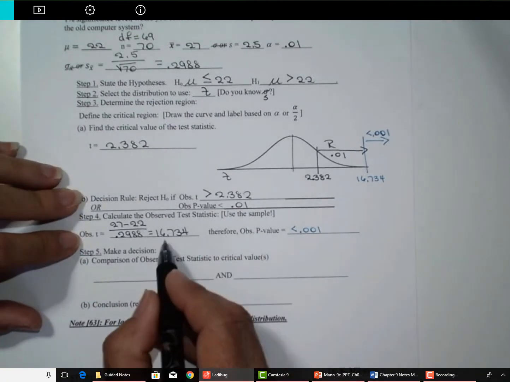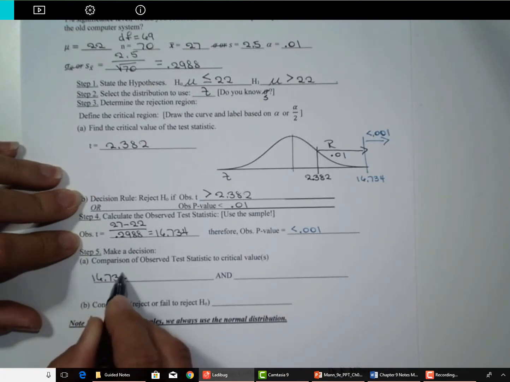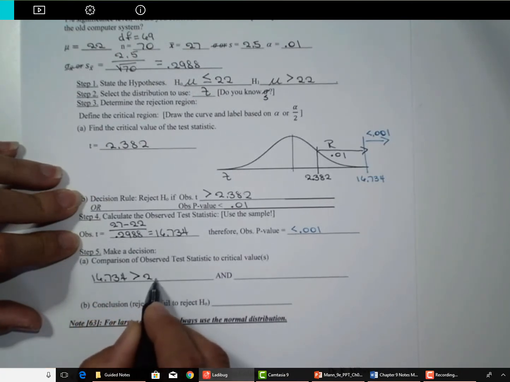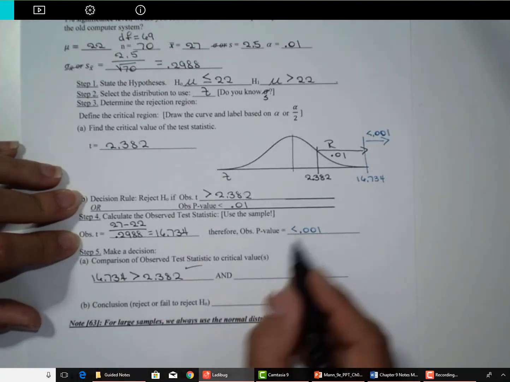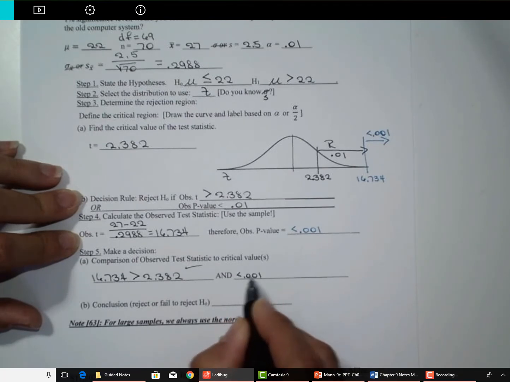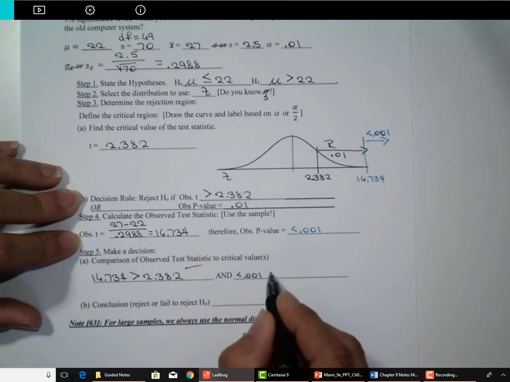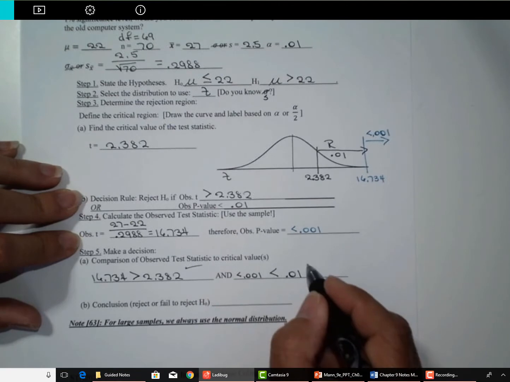Okay, so now let's write our test statistic down. My observed t, which was 16.734, would have to be greater than 2.382 if I want to reject the null, and it is. My observed p-value, which I'm going to just write as less than 0.001 because it's so small, would have to be less than 0.01, which is my alpha, and it definitely is.